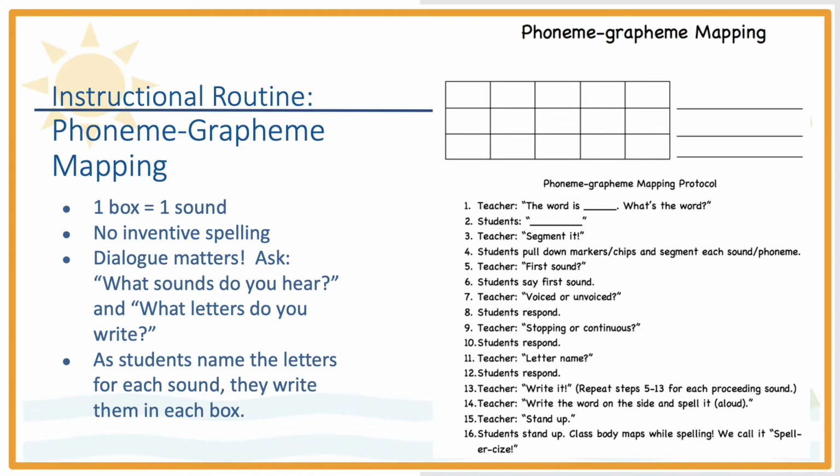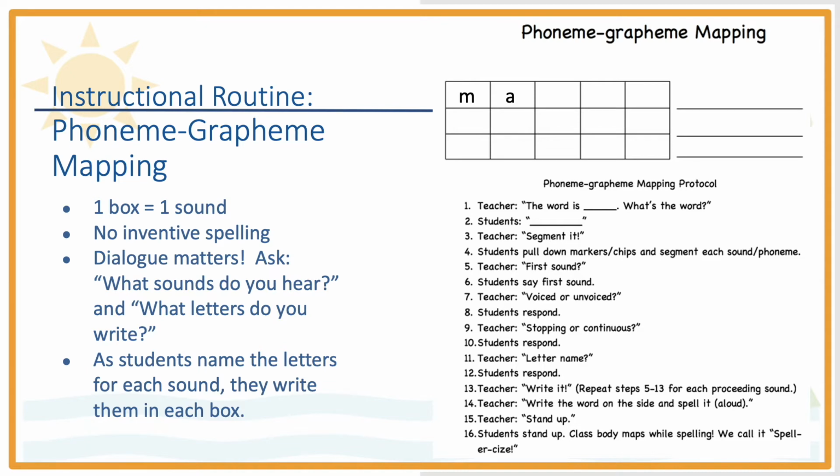Continuous. What's the letter name? M. Write it. What's the second sound you hear in the word mat? A. Voiced or unvoiced? Voiced. Stopping or continuous? Continuous. Letter name? A. Write it. What's the third sound you hear in the word mat?